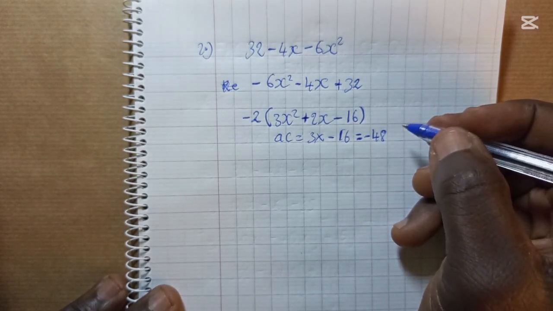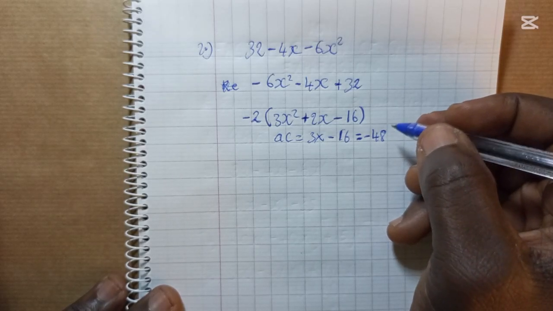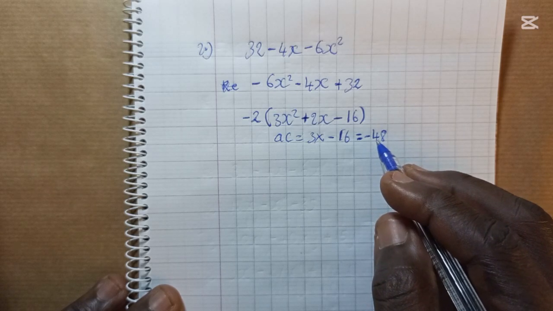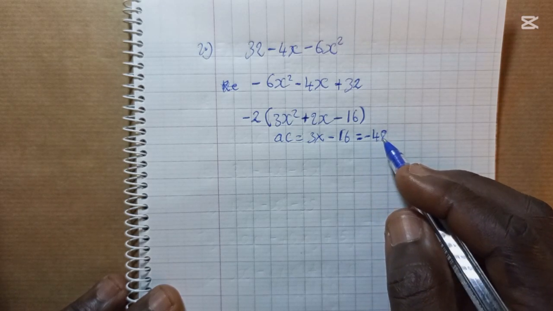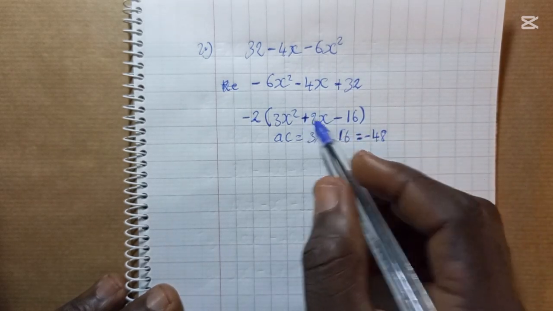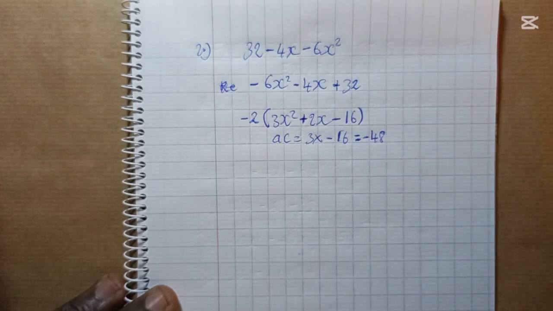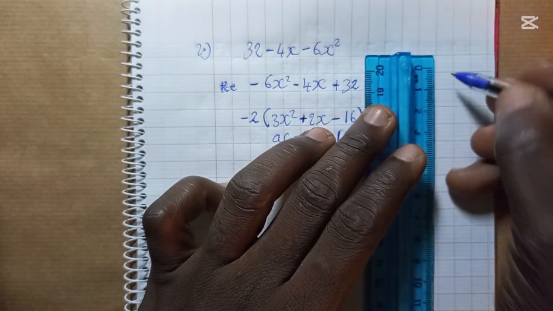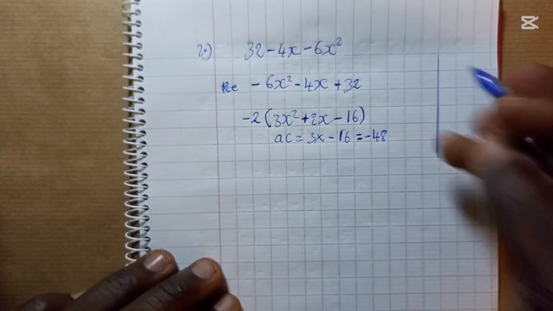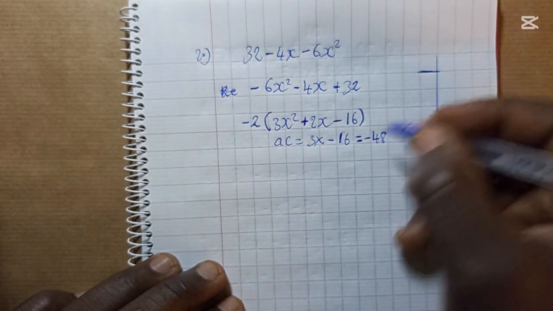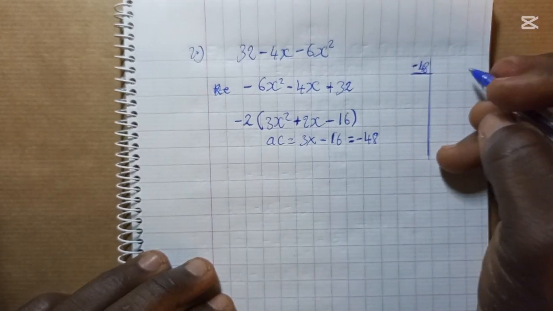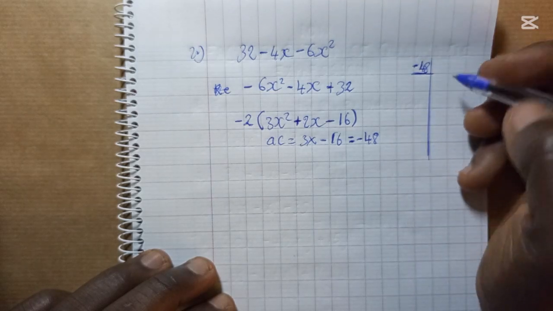Now we are going to look for factors of minus 48, before we look for the numbers that can be multiplied to give us minus 48 and be added to give us 2. So what and what can we multiply together to give us 48?